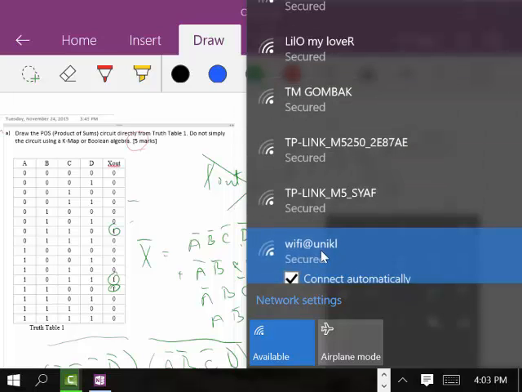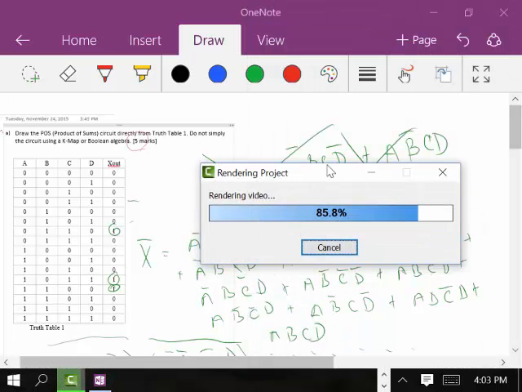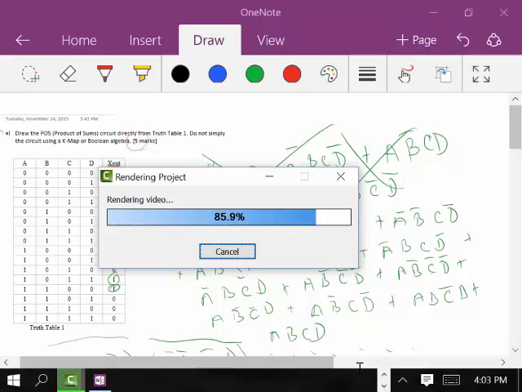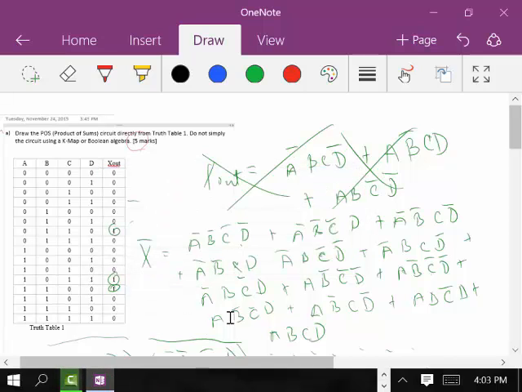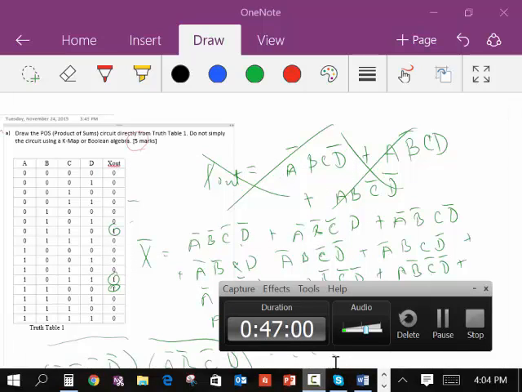Here we go. Let me see if I can connect. This thing's still encoding. I'm going to stop the video recording right there.